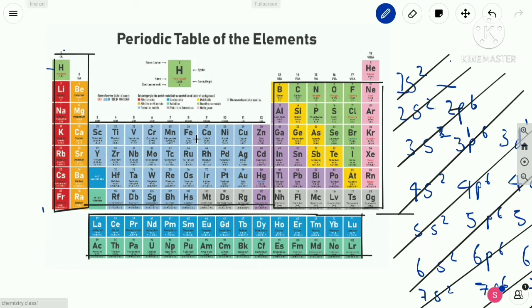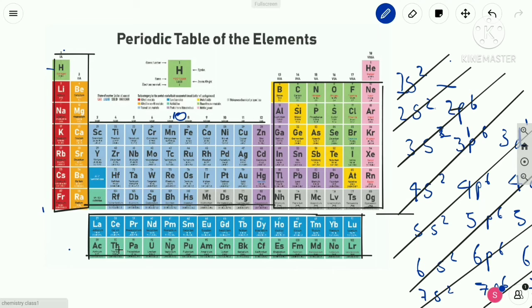Transition elements is because you can see there are 10 elements over here, so the d orbital can hold 10 electrons, so that's why we have 10 elements over here. And then below, the F, these are the elements which have valence electrons in the F shell, and there are 14 in each row, as you can see.